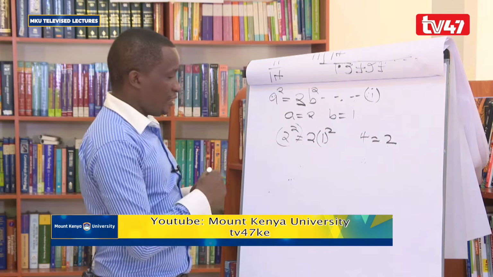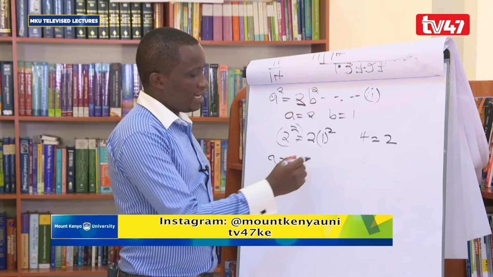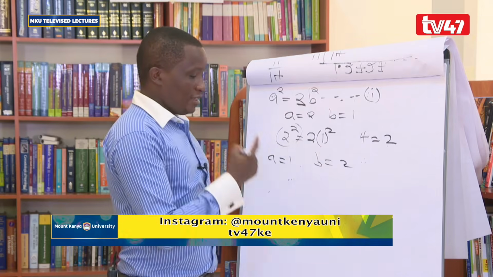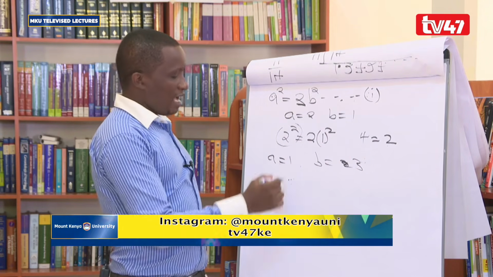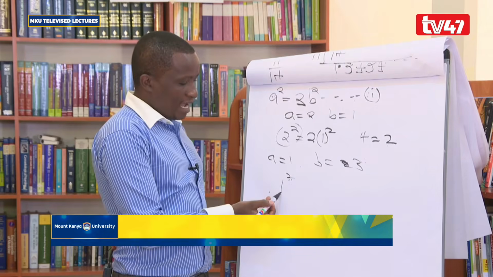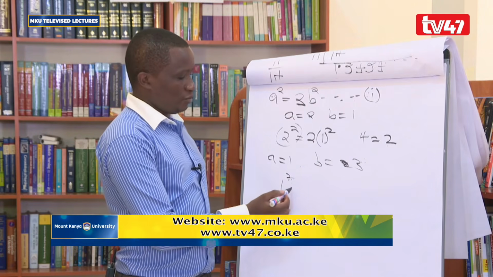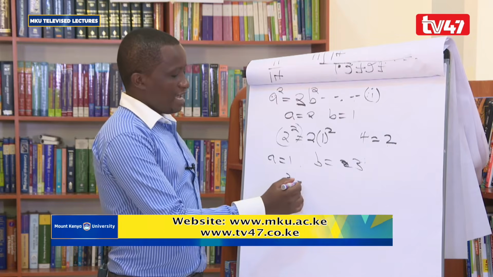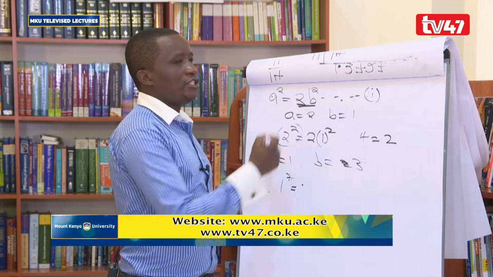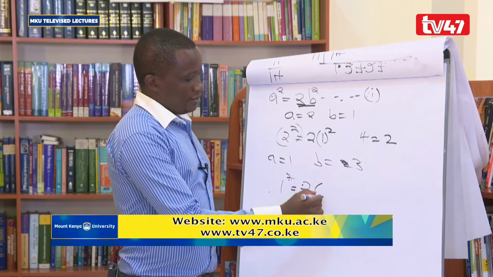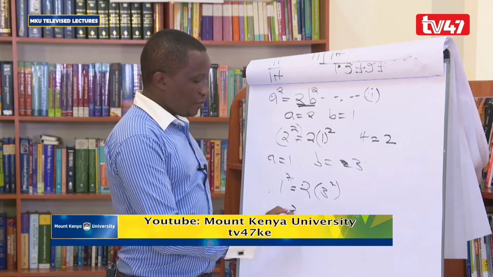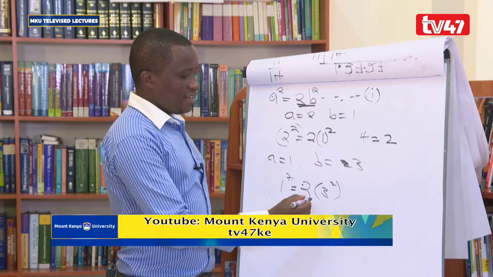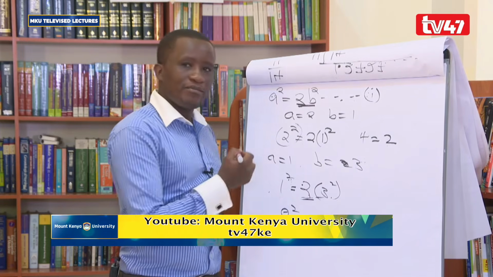In fact, even if we interchange and have a equal to 1 and b equal to 2, or even let's have all of them being odd numbers. So we'll have 1 squared. You see, 1 is not divisible by 2, but check. If I use the transformation 2, then 3 squared, then you notice that my a squared from the right-hand side becomes a number that is divisible by 2.